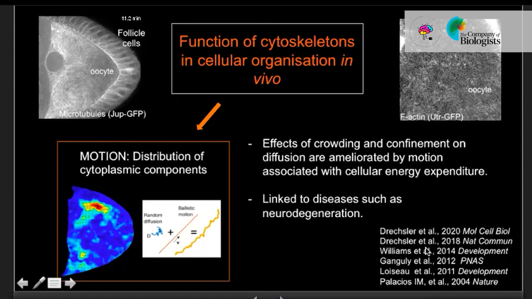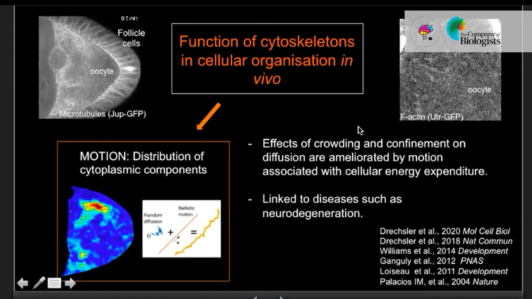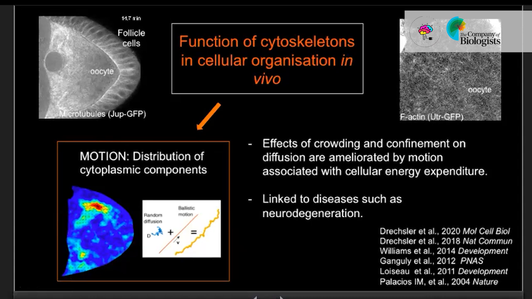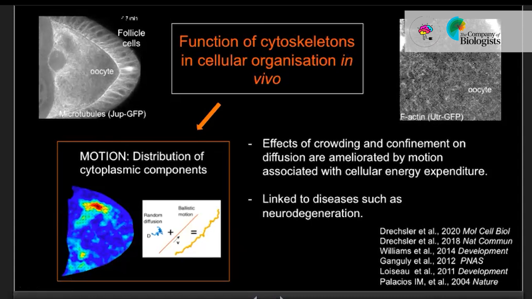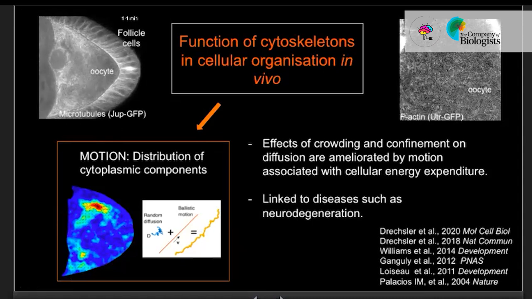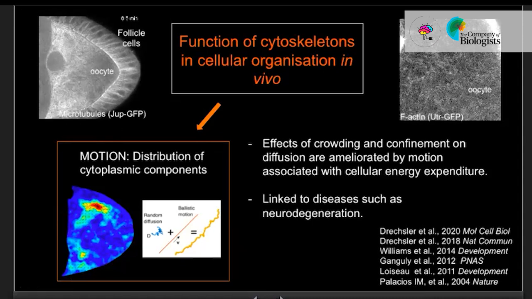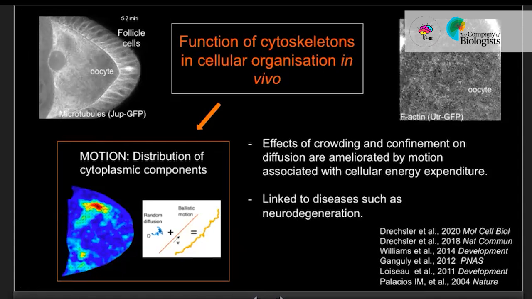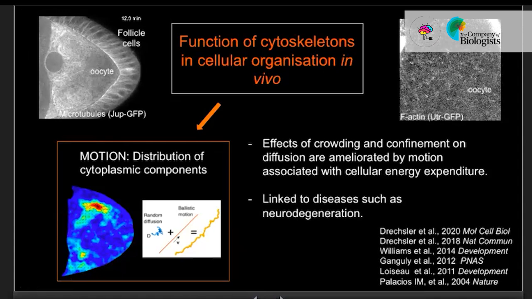And there are several papers on that. And this is important not just to localize things somewhere in the cell. You know, we heard about exosomes, and the exosomes have to move out of the cell, and that is completely dependent on cytoskeletons. So motion in cells is crucial for life. And that's what we are trying to understand. What types of motions are there in cells?